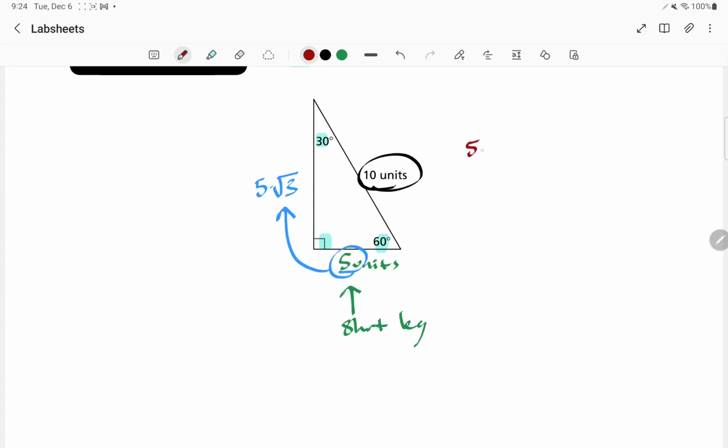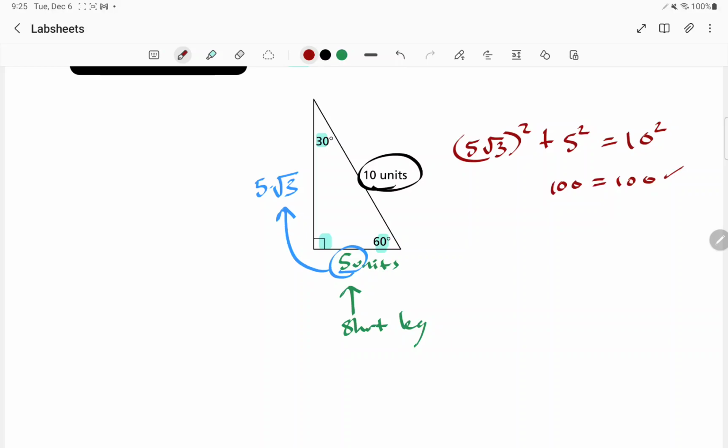You can do 5 square root of 3 squared plus 5 squared is equal to 10 squared. When you plug all of that in your calculator, you will end up with 100 is equal to 100. You can go ahead and check that if you need to, but I know that it works.